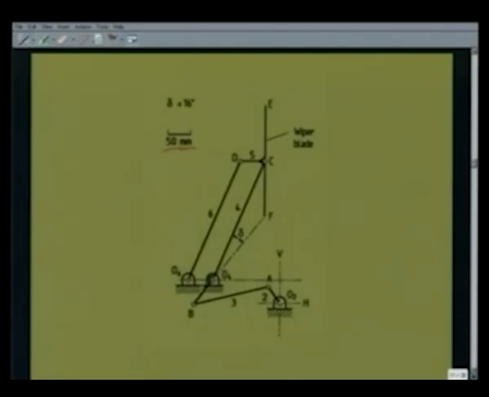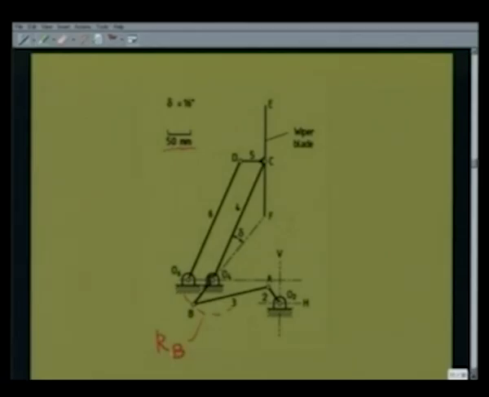We study only this 4-bar linkage, namely O2, O4, and determine the extreme positions of this link O4B, that is link number 4. For that, we know, as usual, B is going along a circle with O4B as radius.